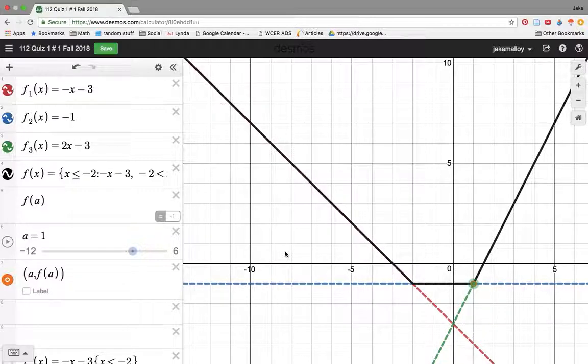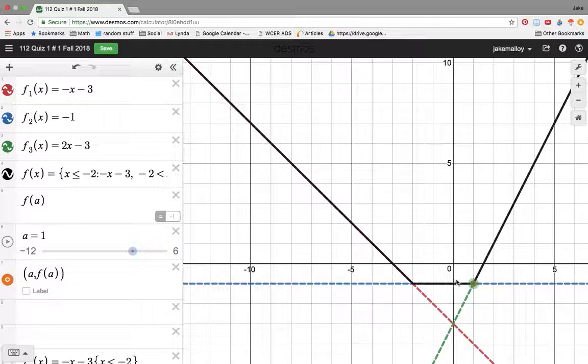Now the other thing that you'll note here is that these are lines, and because the endpoints of each piece of the domain, so for example, my first part includes -2, and then the second part goes everything past -2 up to 1, but doesn't include 1, and then the third part includes 1 and goes on to infinity.